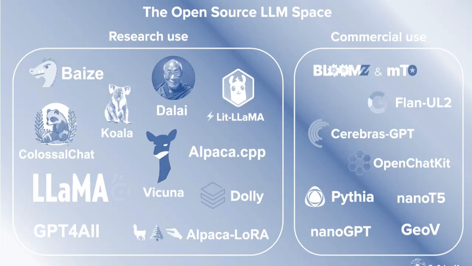Lastly, there are newer models like Faiss, Koala, Dalai, and Llama, which are not widely known yet. For those models that can be used commercially, shown on the right side, NanoGPT and OpenChatKit are options, although they are not widely known. Nano T5 is also available, and all these models can be used for commercial purposes. As we have seen, the emergence of new open-source large language models is just the beginning, and the options continue to grow.